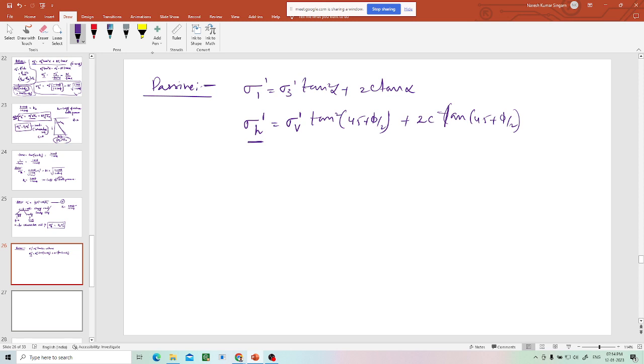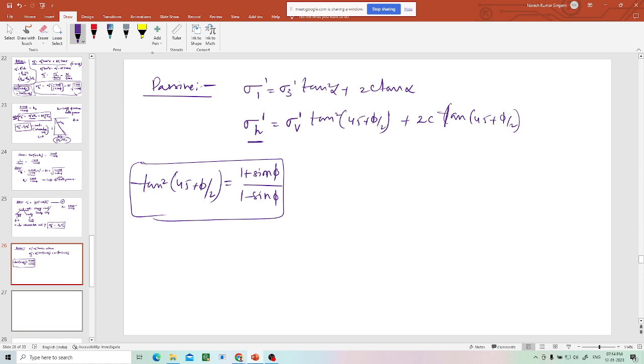So now I'll just write. Tan square alpha we have already discussed. Tan square (45 plus phi by 2) is nothing but (1 plus sin phi) by (1 minus sin phi), right? If it were 1 by tan square, then it would have been 1 minus, but it is directly this.